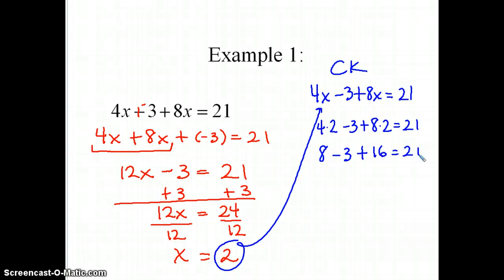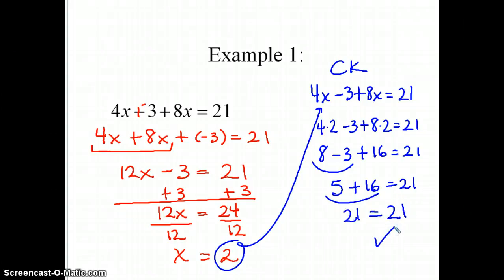Using the order of operations, I'll do the subtraction first. 8 minus 3 is 5, plus 16 equals 21. 5 plus 16 is 21. 21 equals 21. Therefore, my solution is correct.